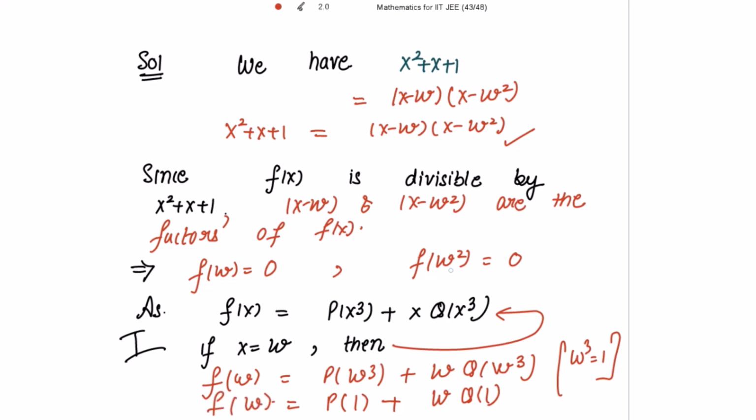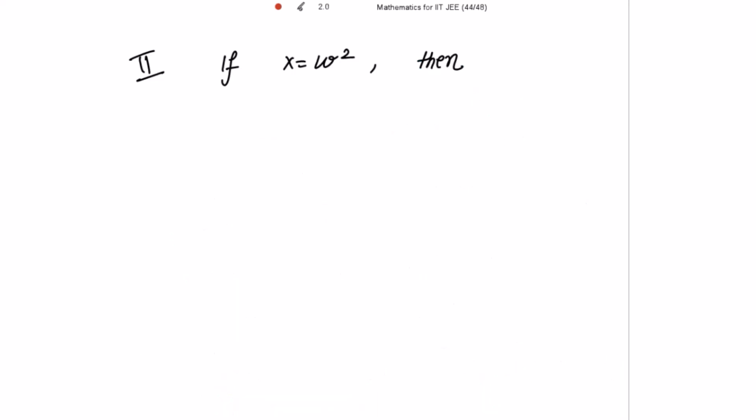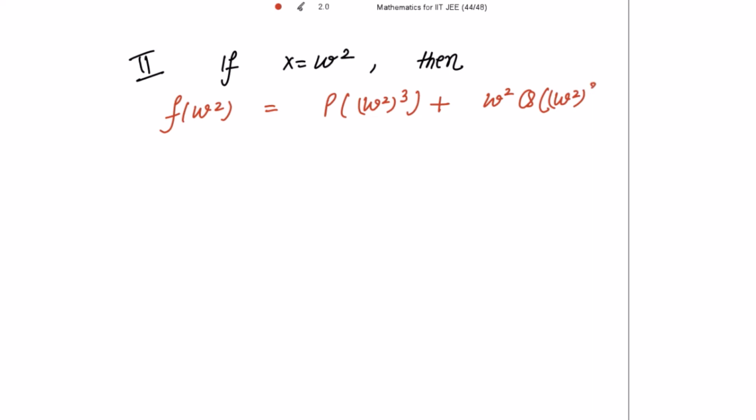Second, when f(omega square) equal to 0, omega square is satisfying this f(x). So putting x equal to omega square in f(x), we get f(omega square) is equal to P(x³) plus x, that is omega square, Q(x³), with omega square to the power 3.